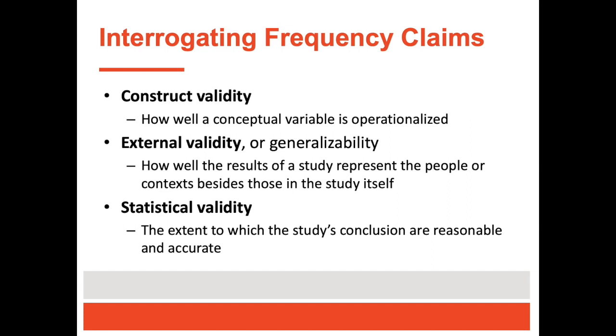If we do a sample of USU students and we find out 50% have struggled with depression, we're going to wonder, does that apply to all USU students? Does that apply to all students in college? Those are going to be really important questions. And then statistical validity: did they actually do the counts right? Did they analyze the data correctly? In frequency claims, these are generally the most important.